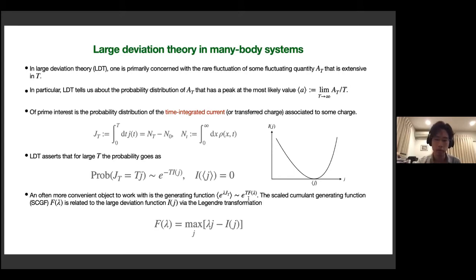And this scaled cumulant generating function, f of lambda, is related to the large deviation function in this very simple way. I mean, Legendre transform essentially. So they are kind of exchangeable if you wish. So what I'm going to do is to try to compute this f of lambda, as well as its Taylor expansion coefficients called cumulants.